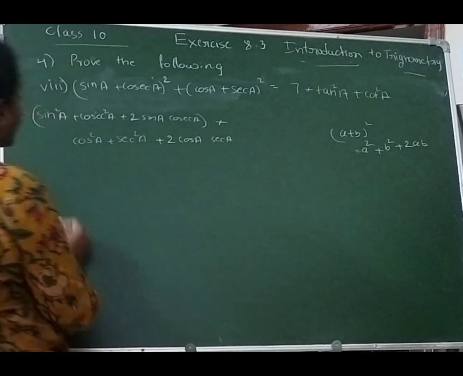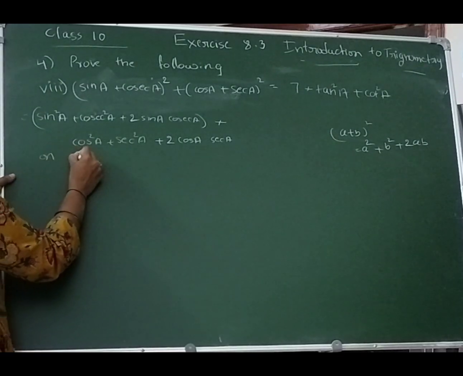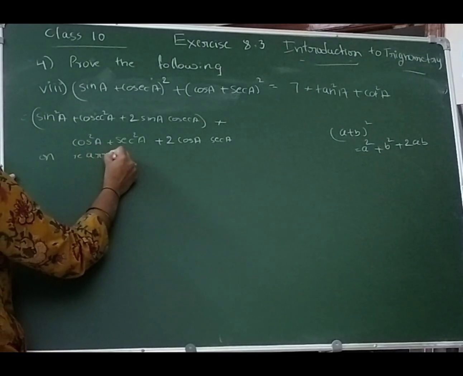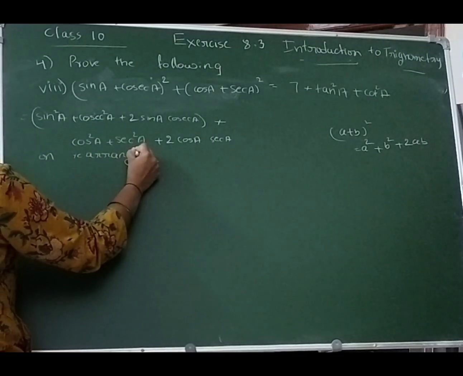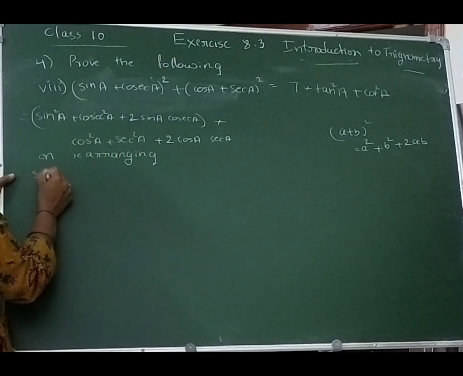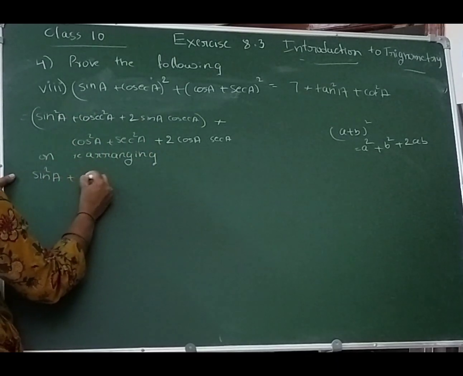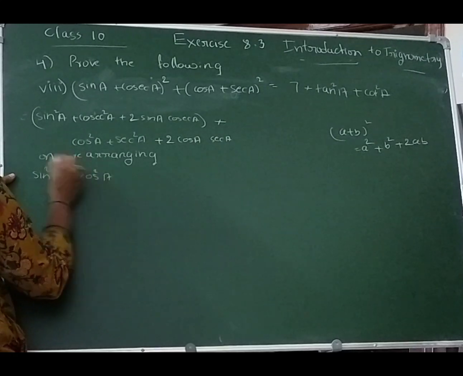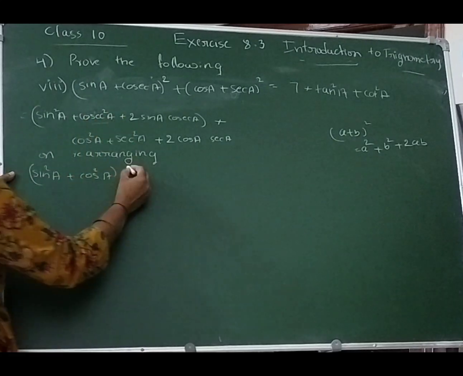So here next we have to rearrange the terms. So on rearranging we get sin square A plus cos square A, because we know the identity relating sin square and cos square.